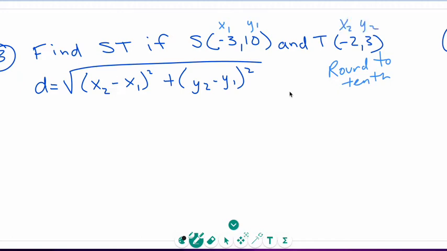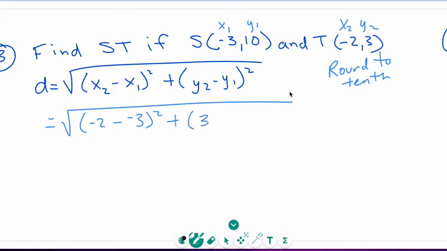You can label above or below, whichever you prefer. And now I've written the formula first, and now I'm going to do my substitution step. So it's going to be equals the square root of x2 is negative 2 minus negative 3 squared plus 3 minus 10 squared.